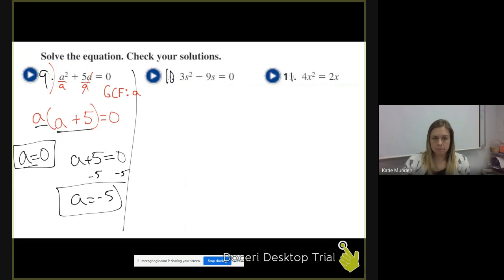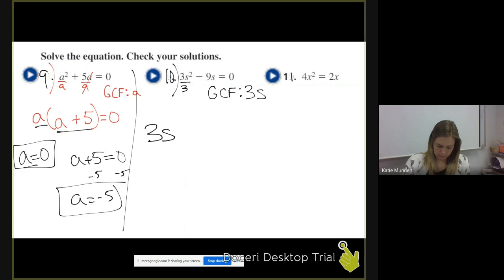Okay, number 10. GCF. All right. 3 does go into 9, so that's a good one, okay? 3, and then they each have an S. So I'm going to factor out a 3S.